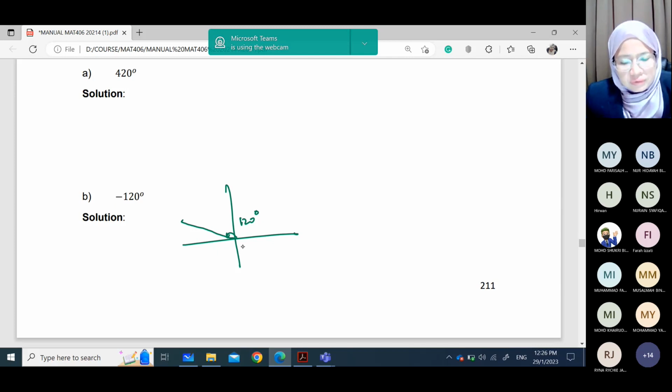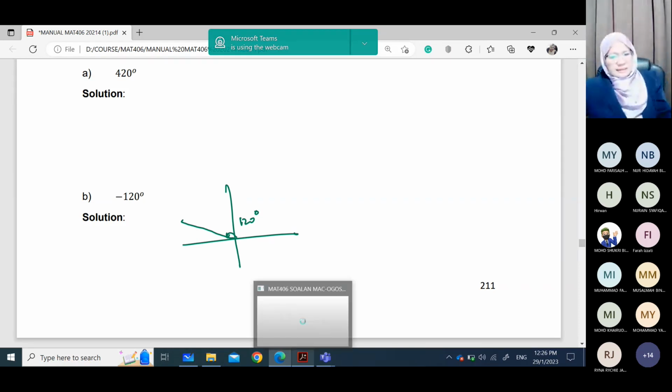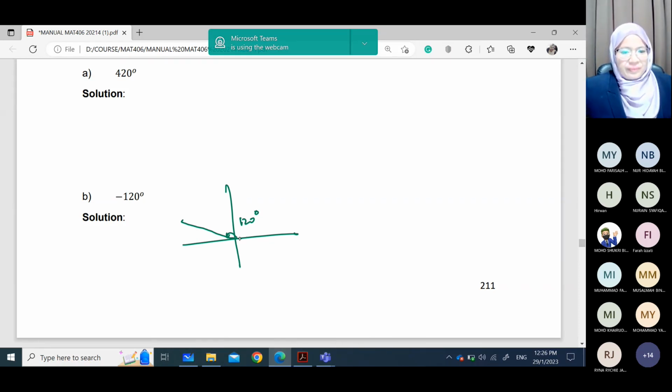Kalau negatif, dekat mana dia punya sudut? Bawah dia. Bawah dia. Bertentangan. Yes. Yang ni adalah negative 120 degrees. Betul. Dia positif, negatif tu dia punya position lah. Okay.